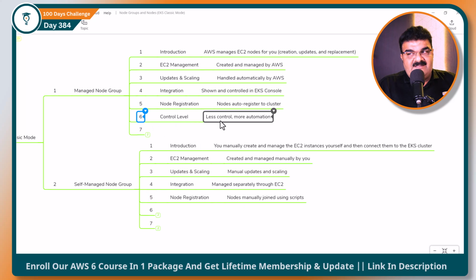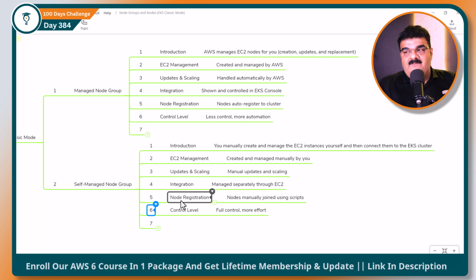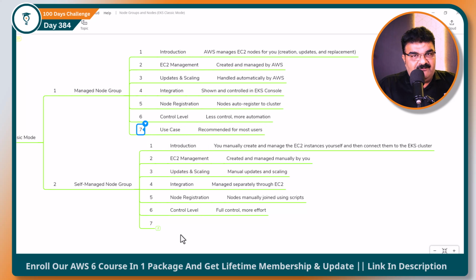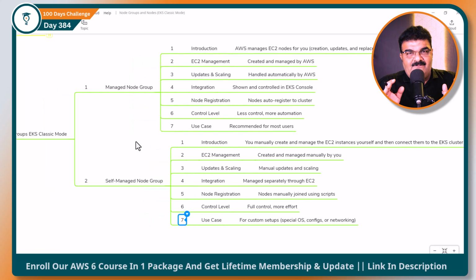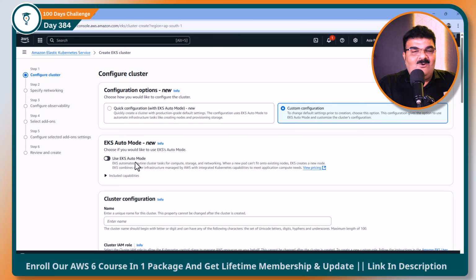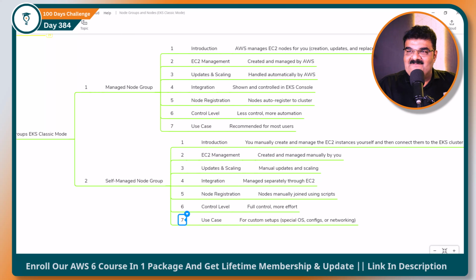Control level: less control because AWS is managing everything, versus here we have full control because we are creating everything manually. Use case: recommended for most users, versus a custom setup where you can choose your OS, configuration, and networking. Now, you may have the same level of confusion as I had. Yes, managed node group and auto mode look similar, right?